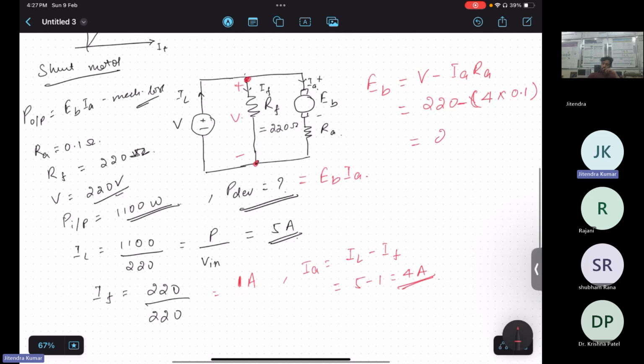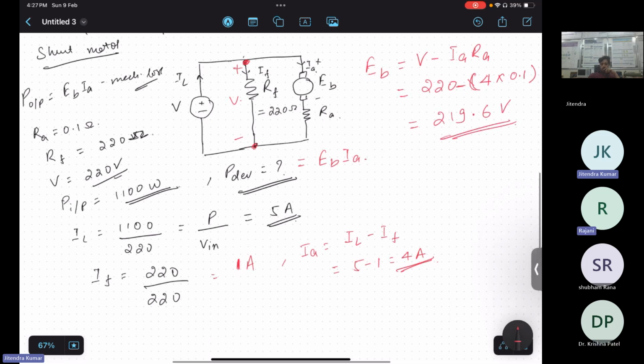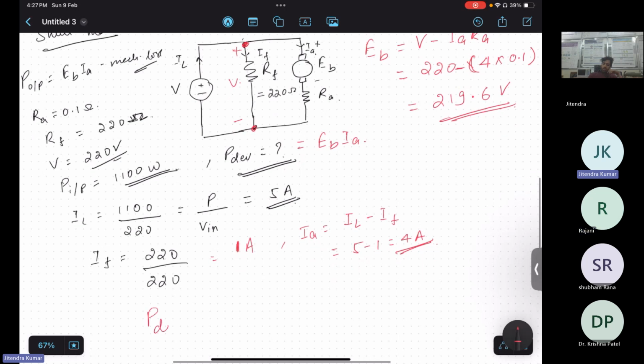So EB is nothing but 219.6. So power developed is EB into IA, that is 219.6 into 4.